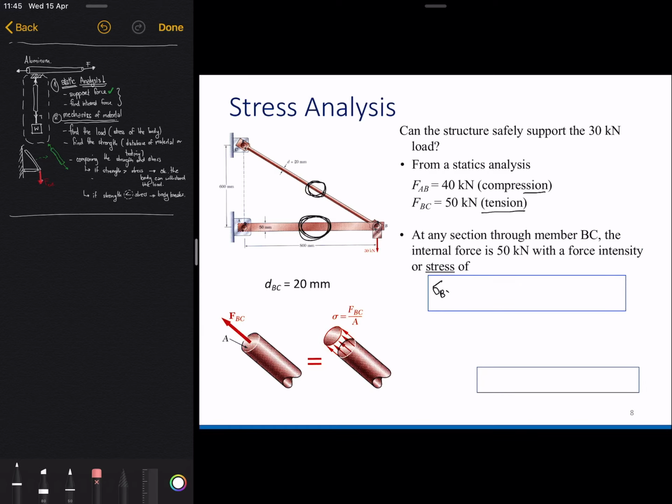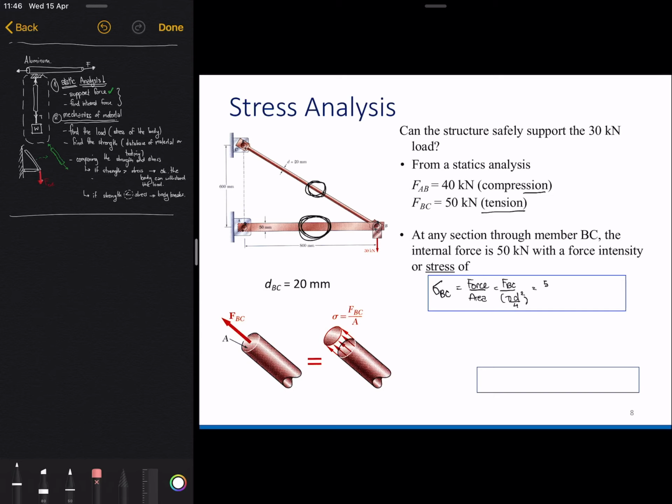Stress equals force over area. In this case, the internal force is FBC, and the area is pi r squared or pi d squared over 4.